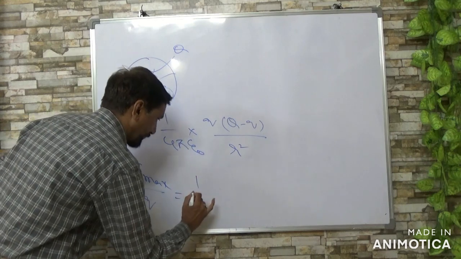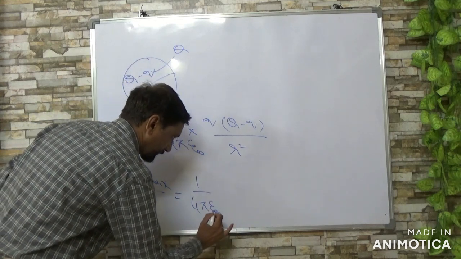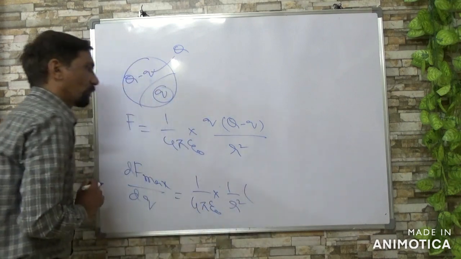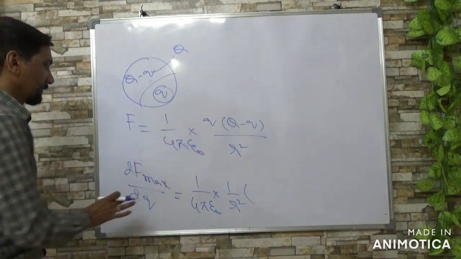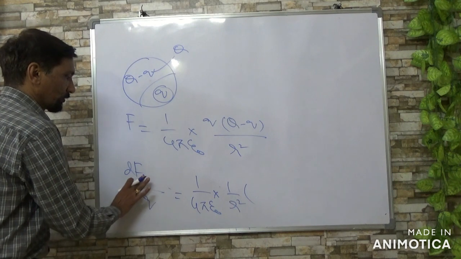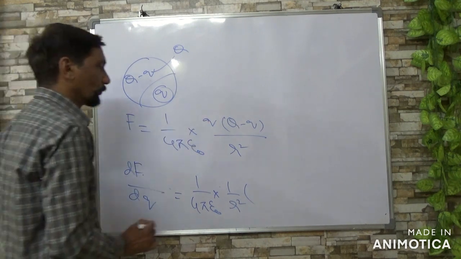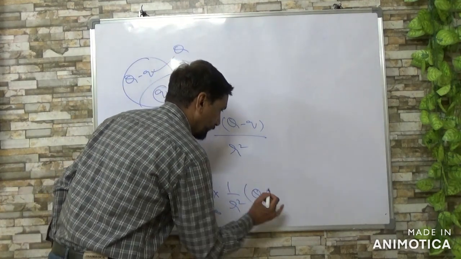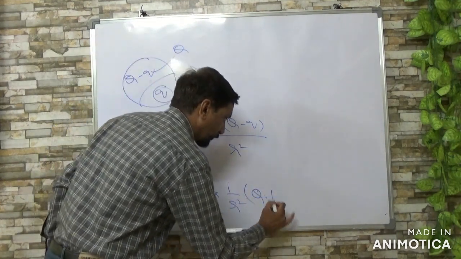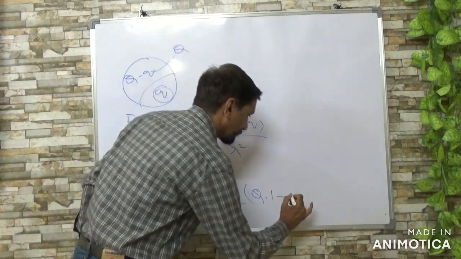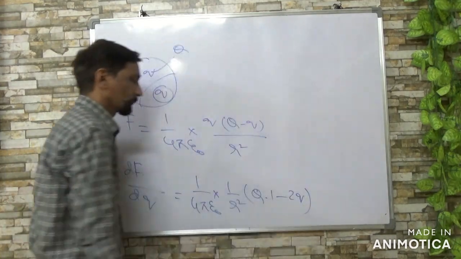According to the problem, this force must be maximum with respect to the charge which is taken out. This is all constant. So you want to differentiate the force with respect to small q. So q into the differential of Q minus q, that is minus 1, plus Q minus q into 1, that is Q minus 2q.